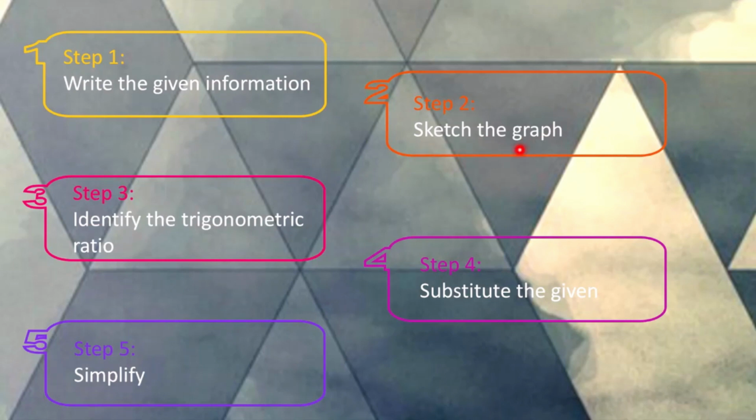Pagdating po sa sketch the graph or illustrate the problem, mas napaka-importante po kasi nito para po makita natin kung nasaan yung right angle at saka yung reference angle po natin. Kasi para ma-identify po natin kung nasaan yung opposite, adjacent, sa hypotenuse. Pag na-identify po natin yun, mas mabilis na tayo makapagsagot. The third step is to identify the trigonometric ratio. Fourth, substitute the given. And the fifth one is simplify.